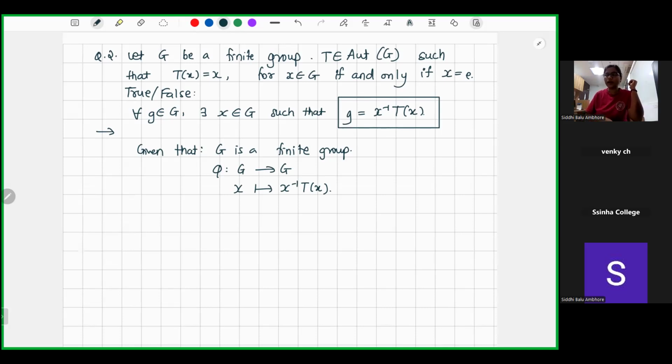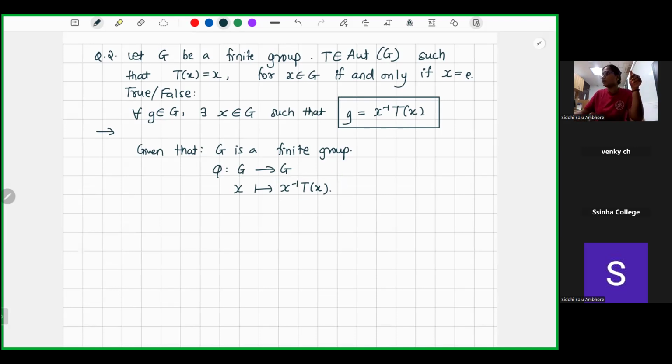We will define a map of this kind, which has this structure, and then we will try to show that it is an isomorphism. Once I have an isomorphism, I will have a one-to-one correspondence from elements of G to elements of G of the form x inverse Tx.